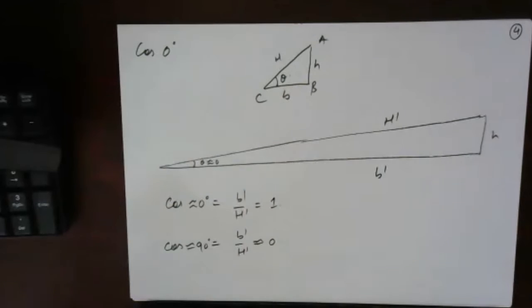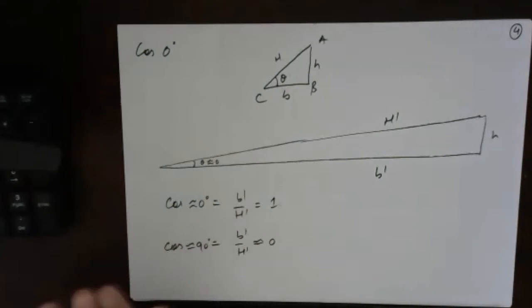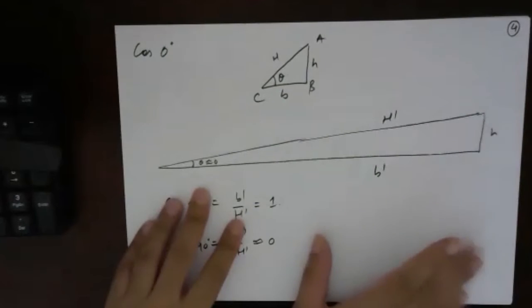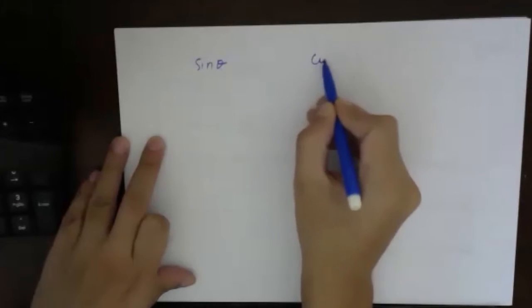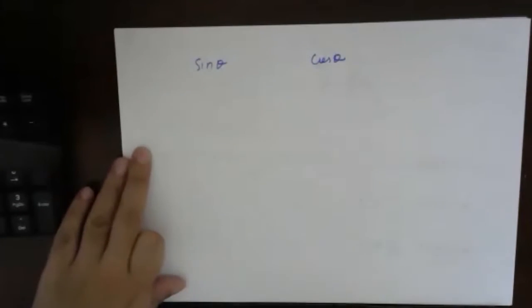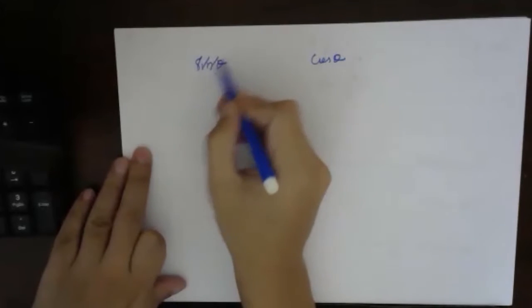Fine, these two parts are equal. Now we have seen the extremes also. So I will write the sine and cos values for different commonly used angles.